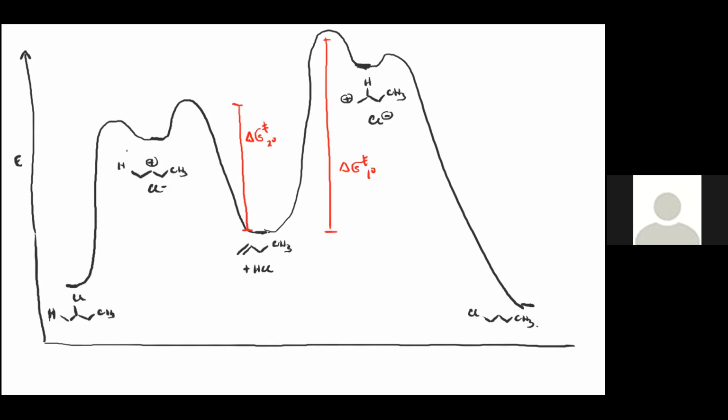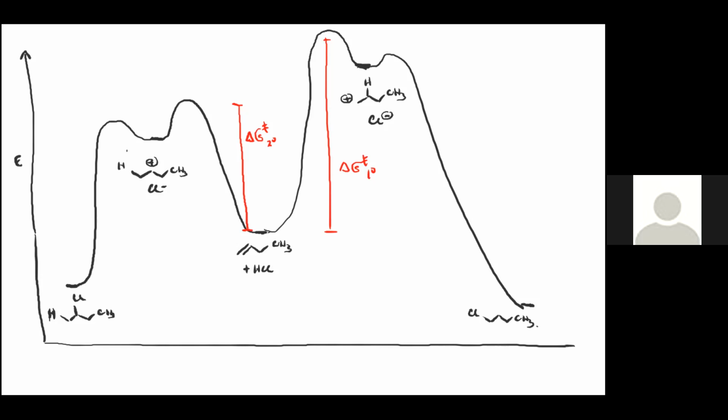And so if you remember back on that rate expression I gave you, the rate of a reaction is directly proportional to delta G double dagger. As delta G double dagger increases, k gets smaller. And so the faster reaction, the one that's more favorable, is going to be the one that proceeds to generate the secondary carbocation, okay?